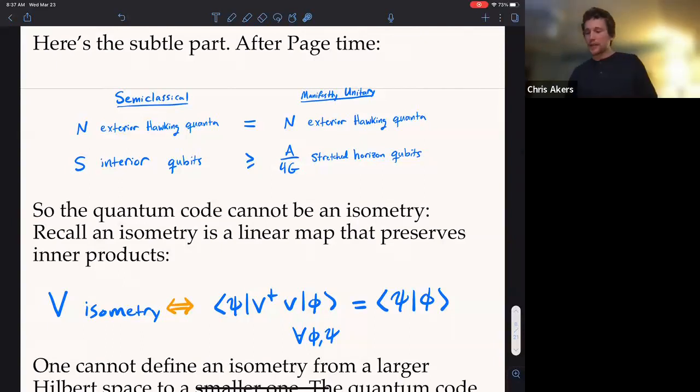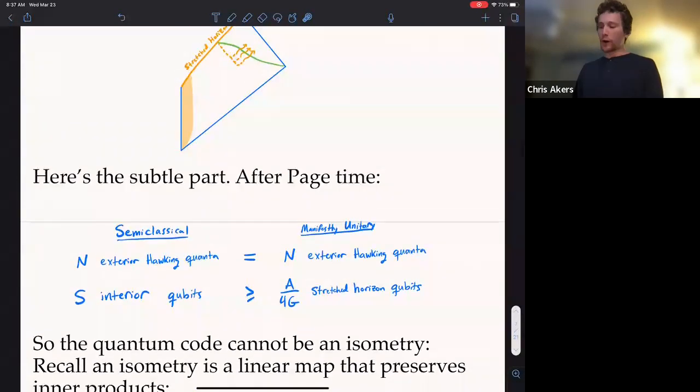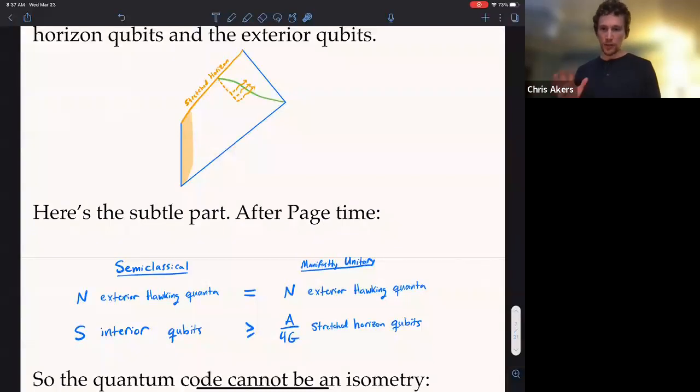Yeah, so I would say before and after, perhaps you can still trust the semiclassical physics. I'm not making a claim about whether you can trust the semiclassical physics before and after. I would say in both cases you perhaps still can.